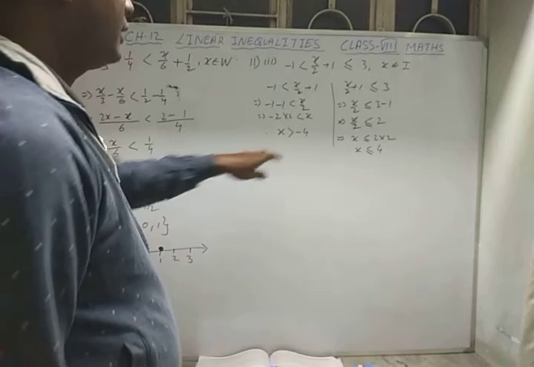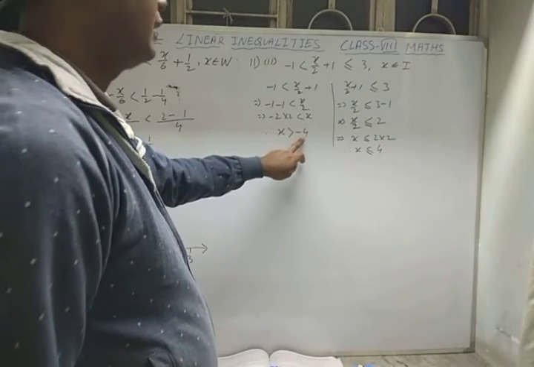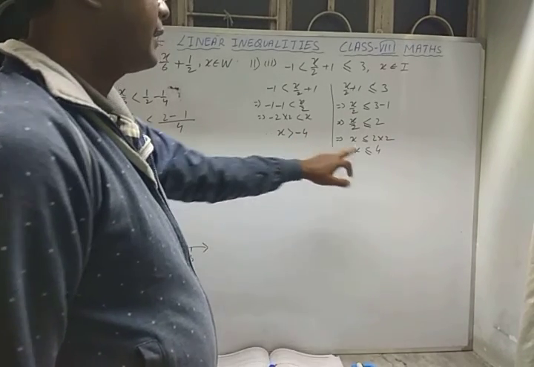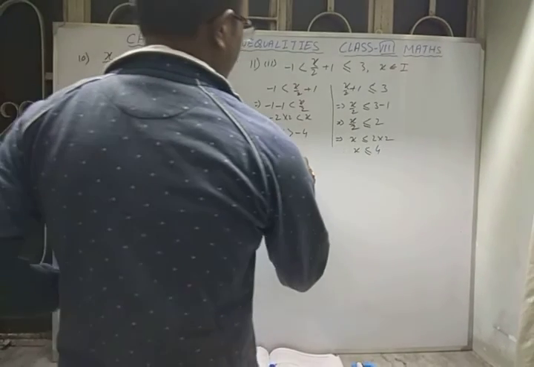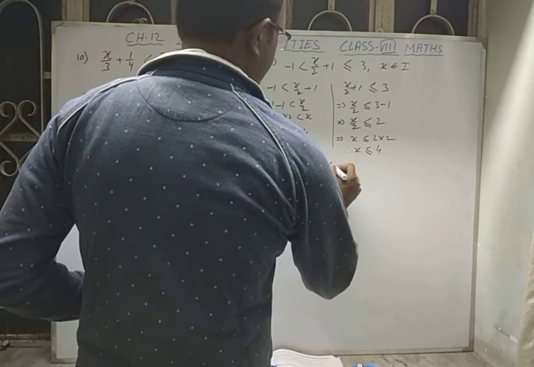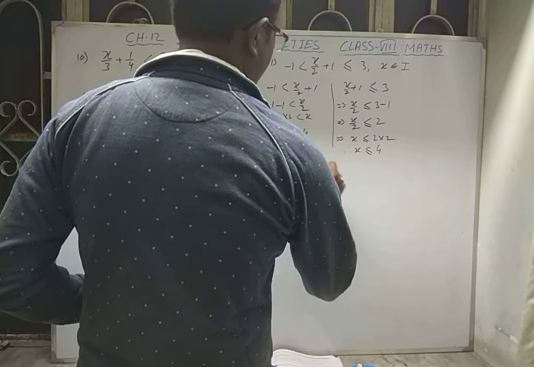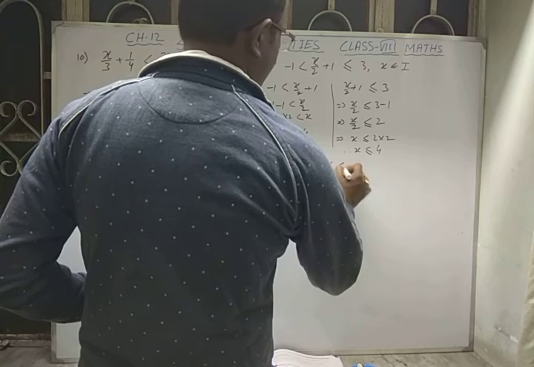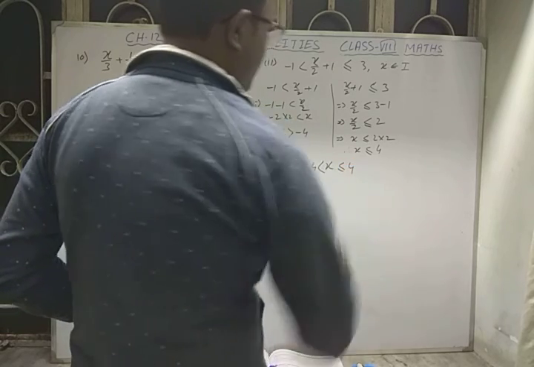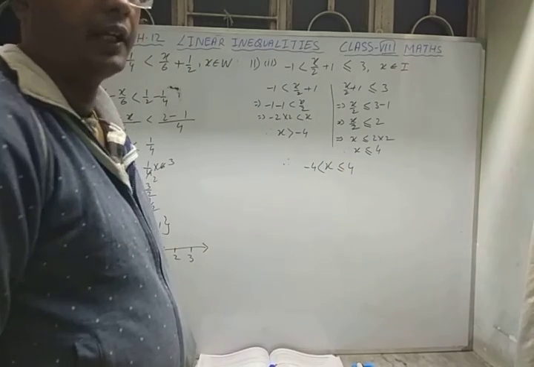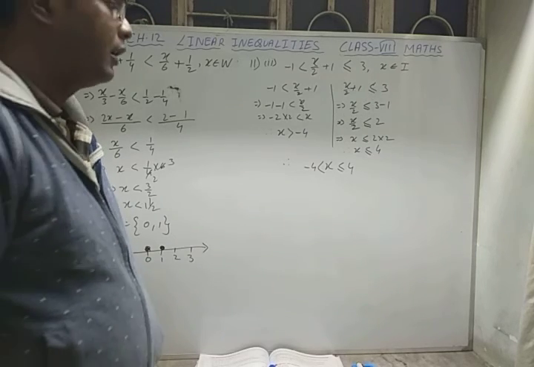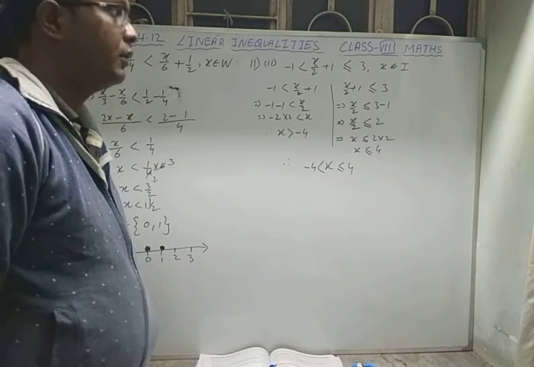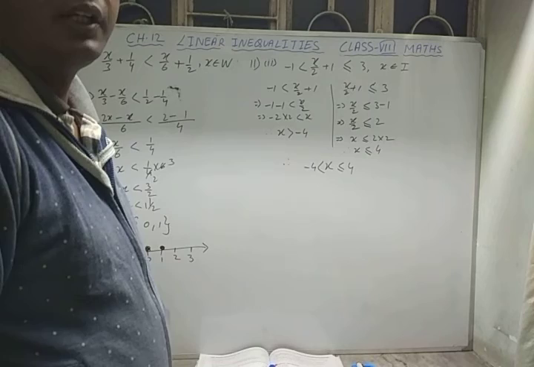Now here for the first part, x is greater than -4. The second part, x is less than or equal to 4. Now we have got the range of the value of x: greater than -4 and less than or equal to 4, where x belongs to integer.